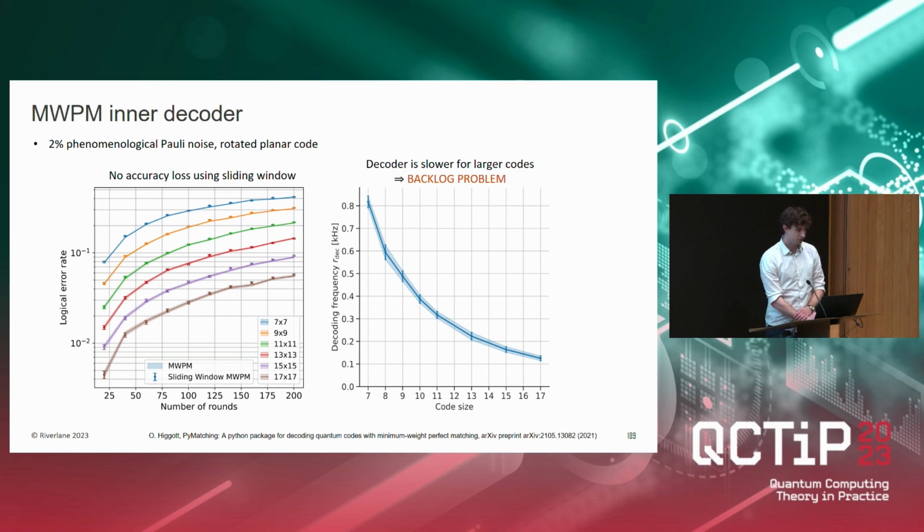The fact that points here correspond to the lines tells us that there is no noticeable loss in logical accuracy if we use the sliding window method, so real-time decoding, versus using the global decoder.